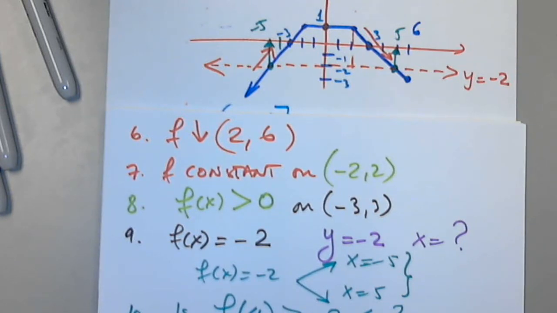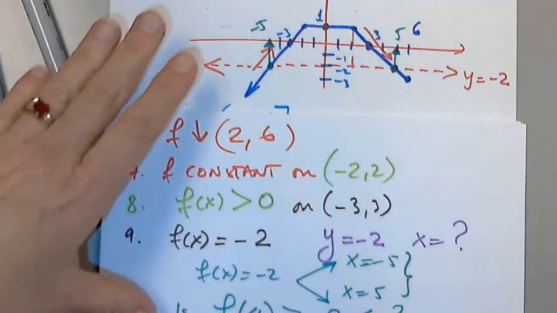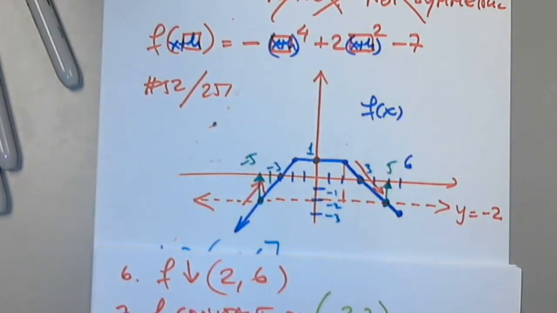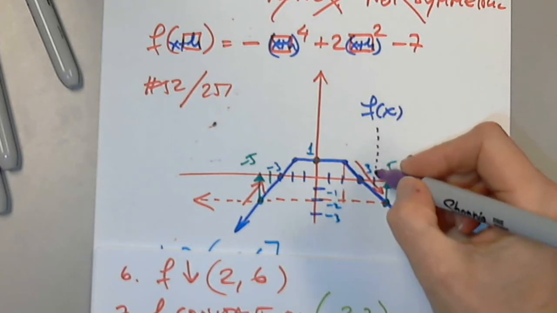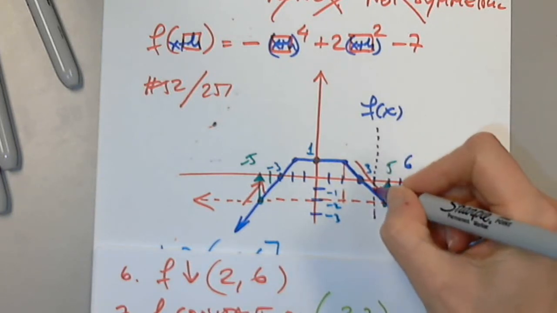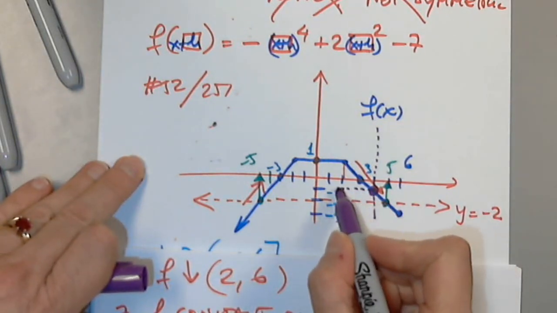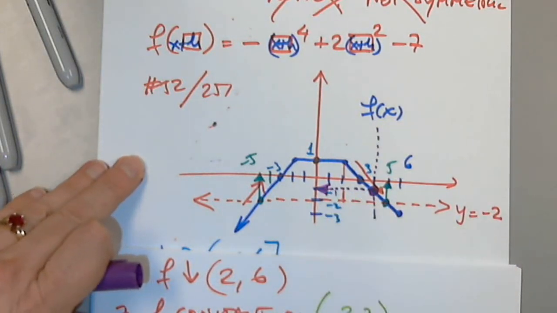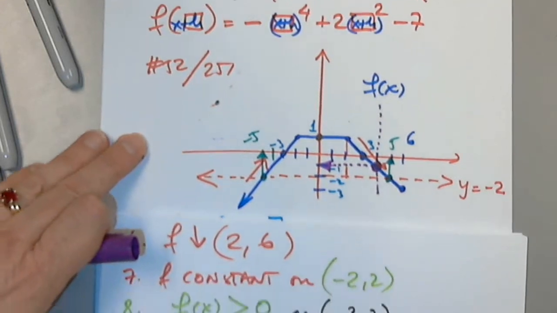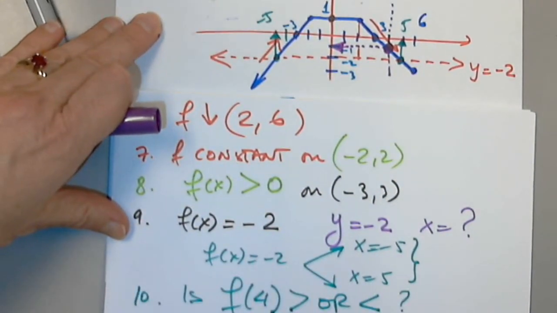How do I graph a line that represents x equals 4? Vertical, awesome. So I draw a vertical line at x equals 4. It crosses the graph in one point, -1, and I want to read the y value for that point. So f of 4 equals -1.